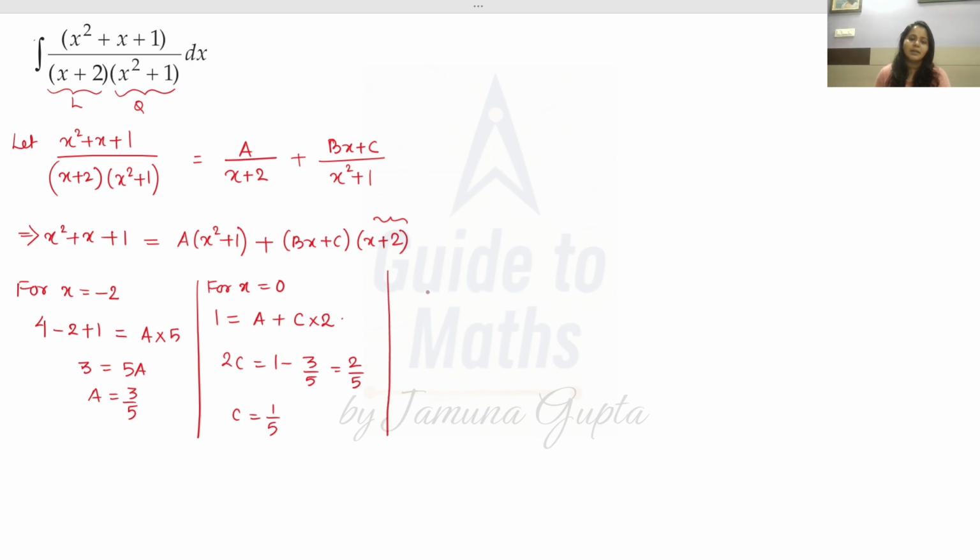We will take another value of x, let us take it as 1. So left hand side will become 3, right hand side will be 2 times a plus b plus c into 3. So 3 is equal to 2 times a, which is 3 by 5, plus 3b plus 3c.